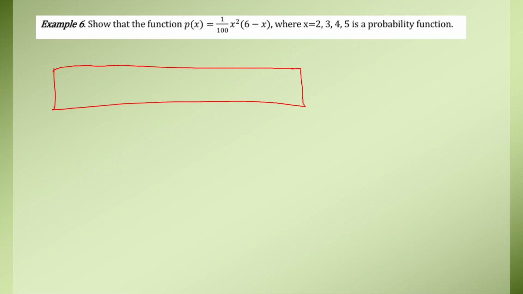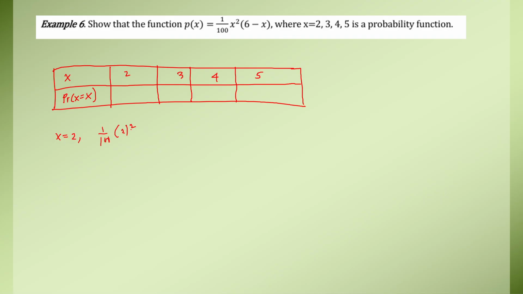If this is our x, the probability distribution, starting with 2, 3, 4, and 5.